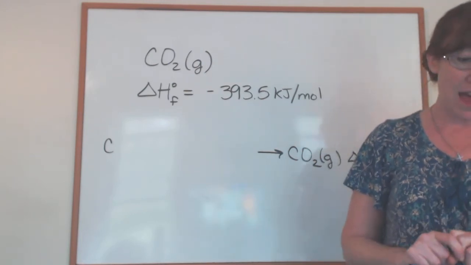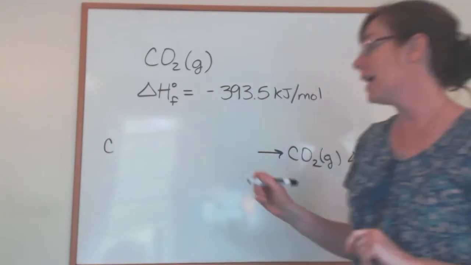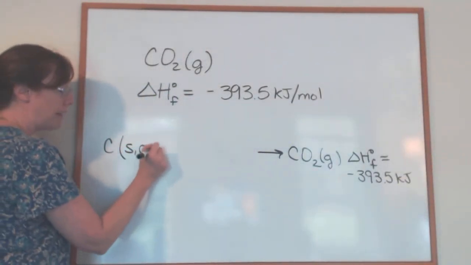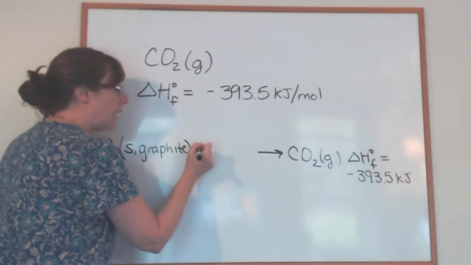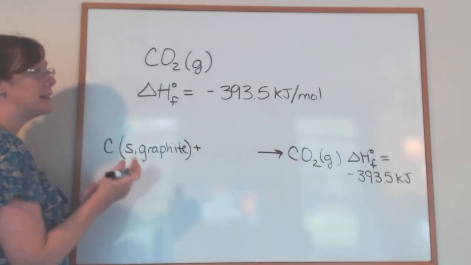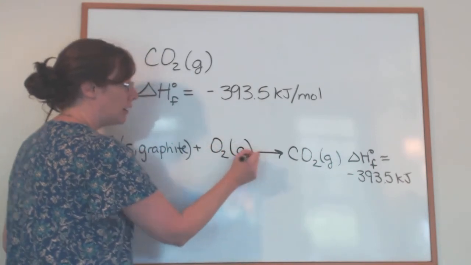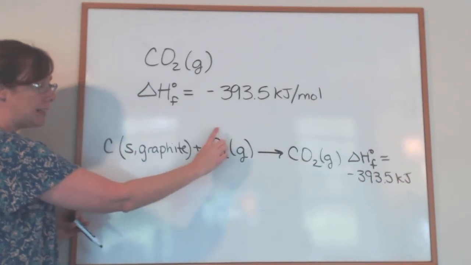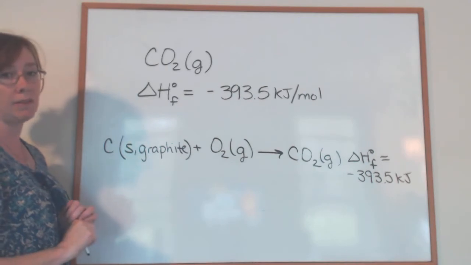Only one of them has a delta H standard enthalpy of formation equal to 0, and that is carbon solid, but in the graphite form. So you would write that like that. And carbon plus the other element here, oxygen. What is the standard state of oxygen? That's O2 gas. So the formation of a compound from its elements in their standard states, that's the heat associated with it, and that is the standard enthalpy of formation.